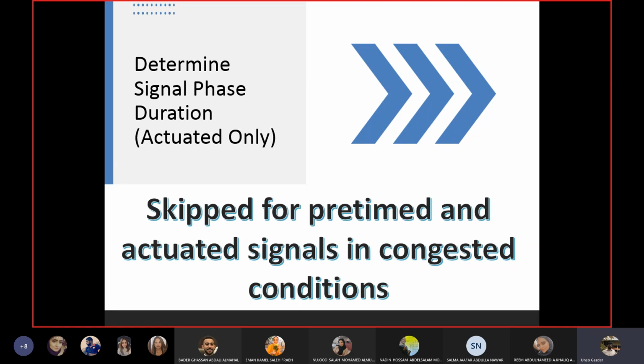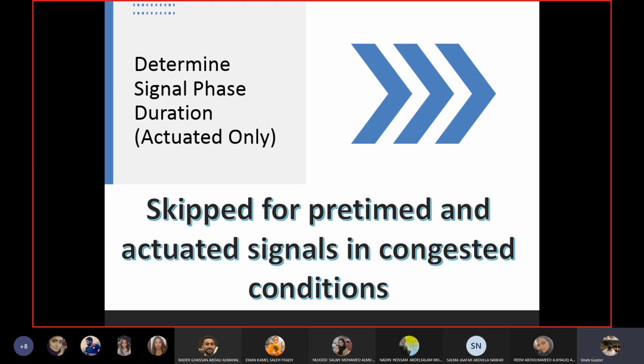But even for actuated signals, in congested conditions, it will always operate at the maximum values, because obviously it is congested. The signal will try its best to manage it. Trying best means go up to the maximum values.